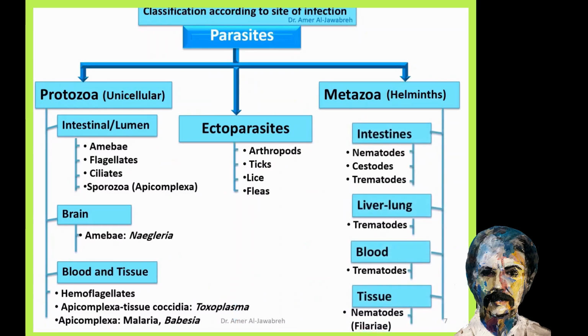In the site of infection, we are still in the intestinal lumen, because from the mouth to the anus, this is all called GI. So it's still considered a GI tract parasite, but it's all the time in the mouth. So it's still intestinal lumen.